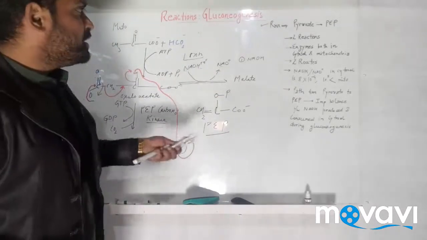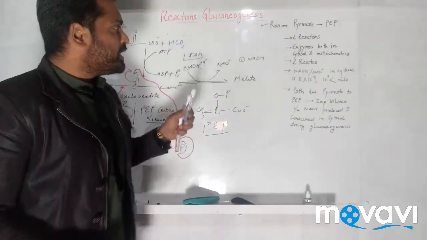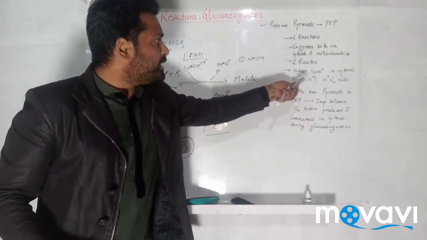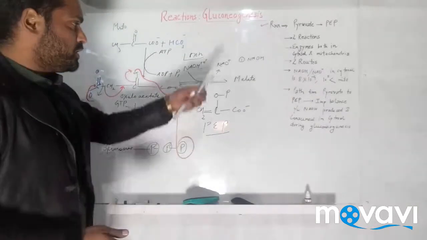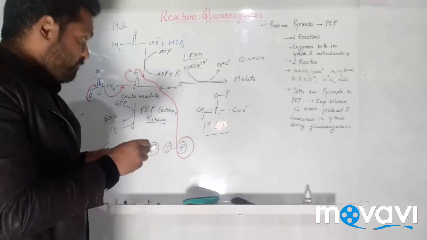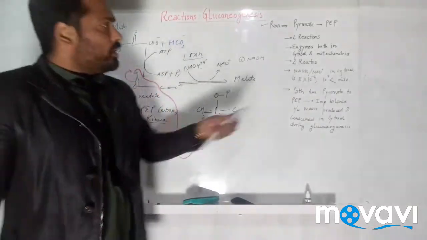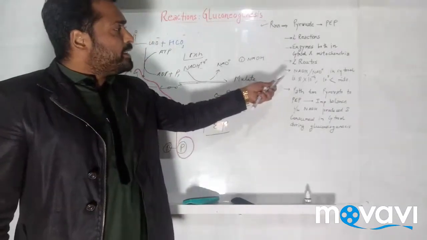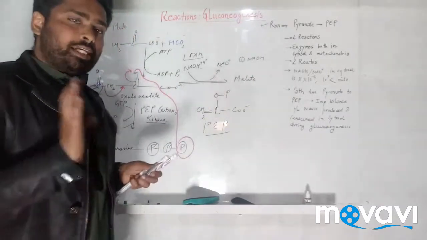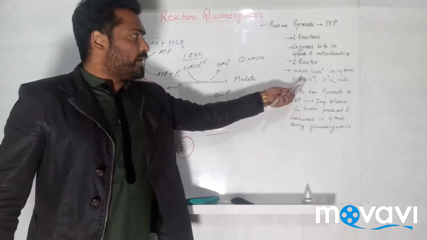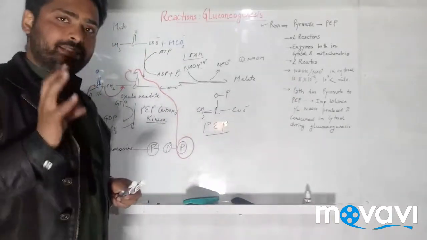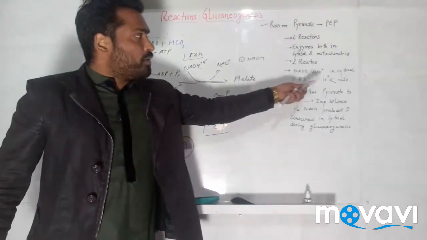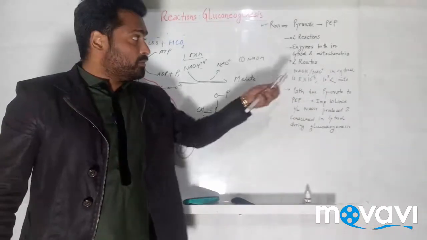So this reaction is done. What you have to note here is the NADH to NAD positive ratio. This is the particular point we have to emphasize now. Look at this. The NADH to NAD positive ratio in cytosol is 8 into 10 raised to power minus 4, and this is 10 raised to power 5 lower than mitochondria.